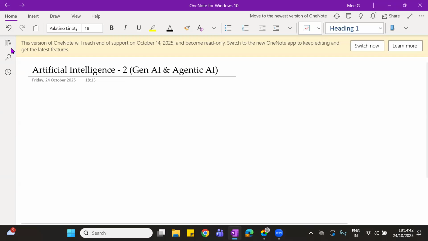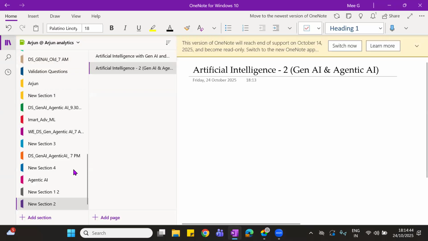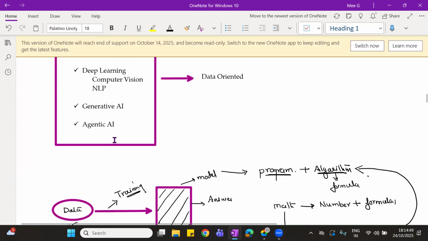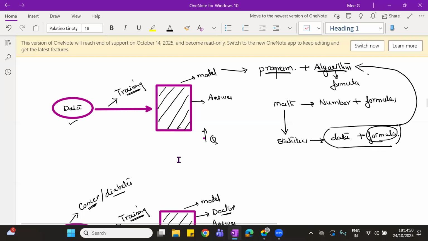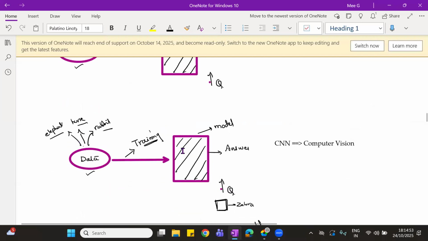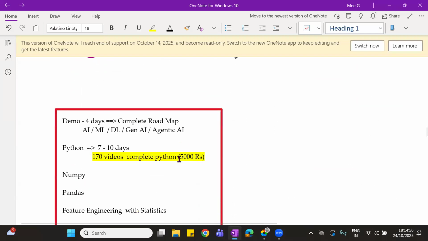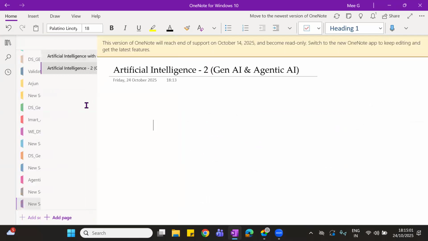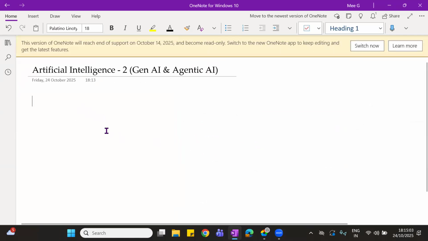Okay. Now here, as I explained, this is how artificial intelligence works. What's the core mechanism? We give the data to the model, and the model will acquire the knowledge. So now let's get a bit deeper into artificial intelligence.